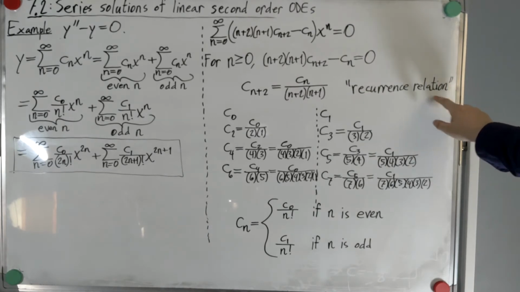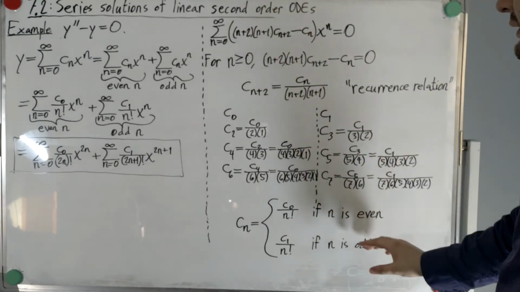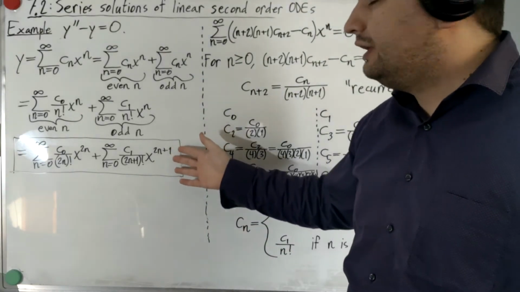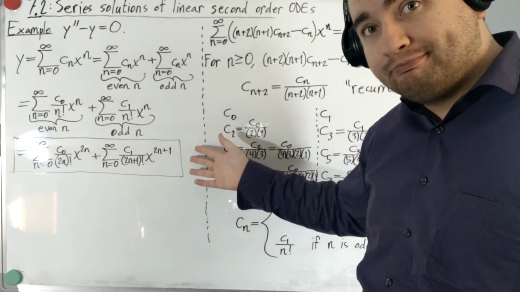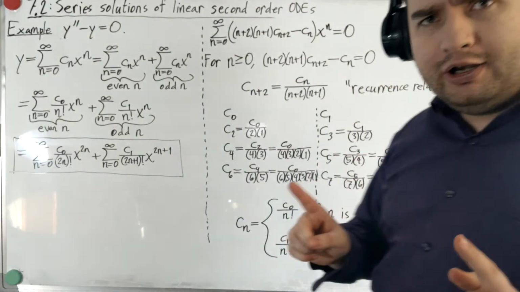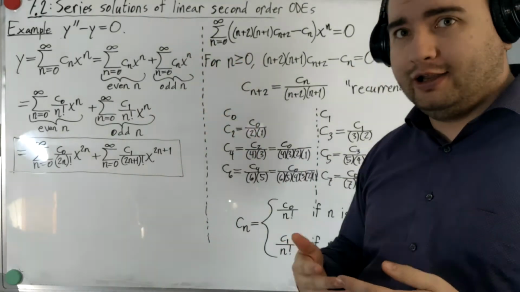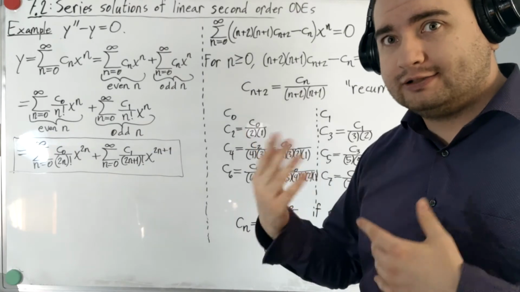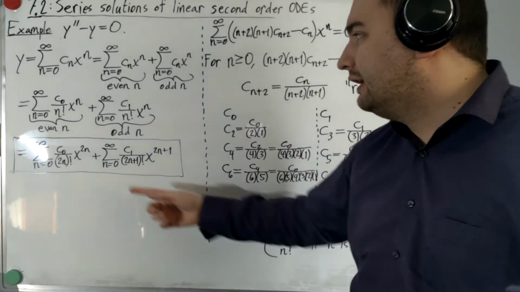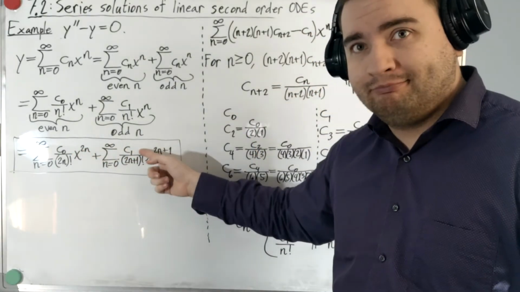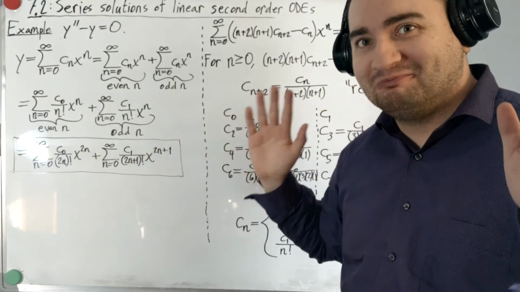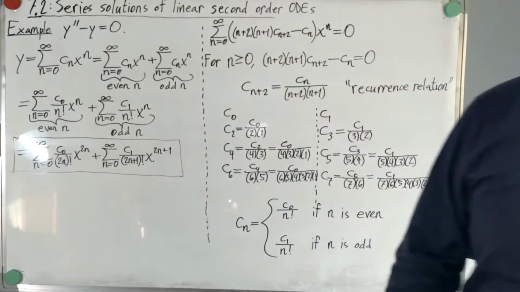That recurrence relation tells us about the sequence of coefficients, and 1, 2, 3, we have our general solution. If you're wondering where the arbitrary constants are, because this is a second order ODE and therefore we should have two arbitrary constants in the general solution, they're C0 and C1. So they're there.